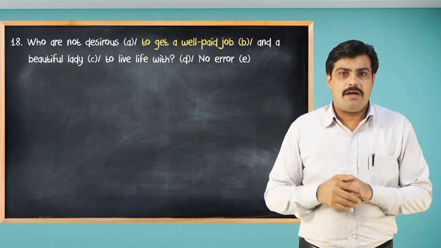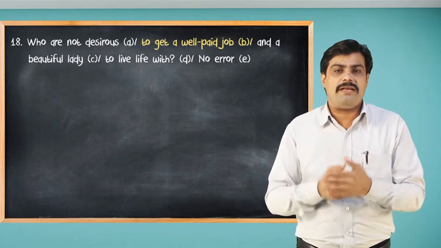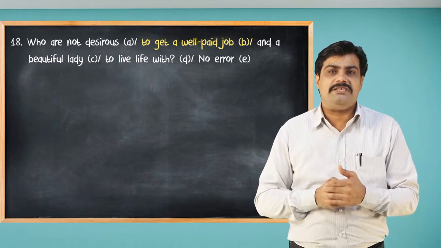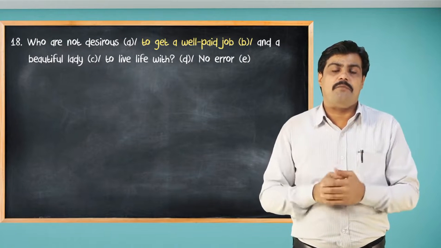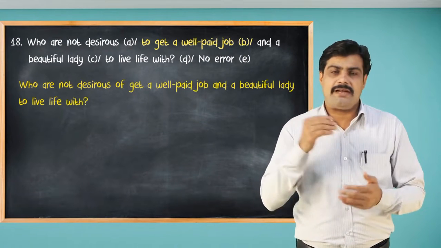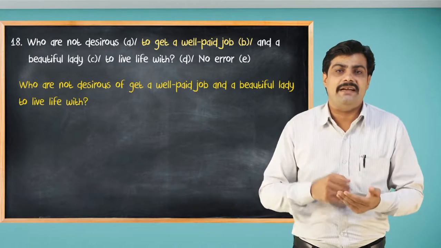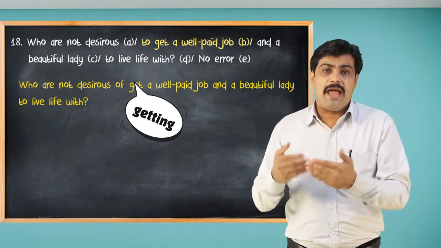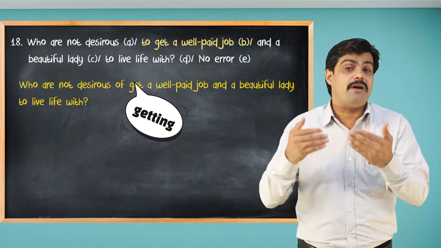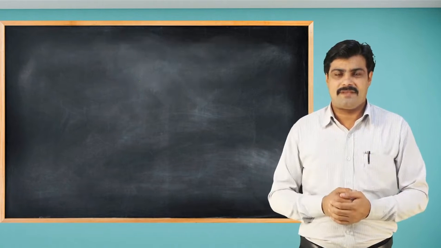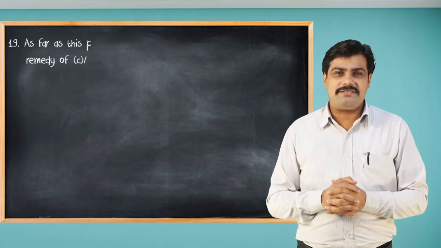Remember. So use of in place of to and change get to gerund form getting. Now the correct sentence would be, who are not desirous of getting a well-paid job and a beautiful lady to live life with.